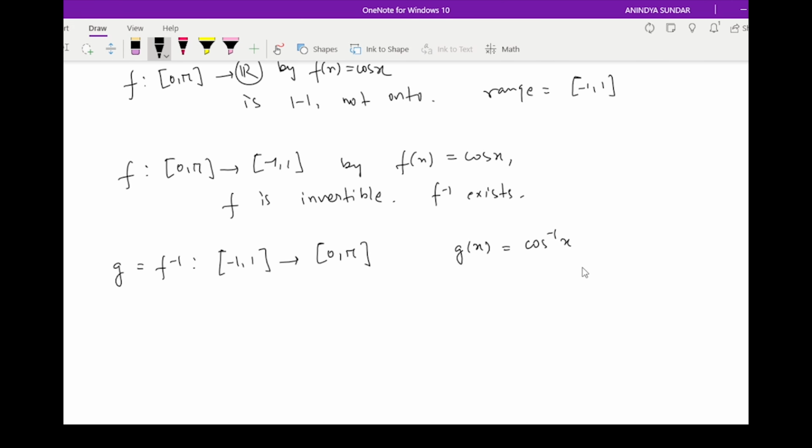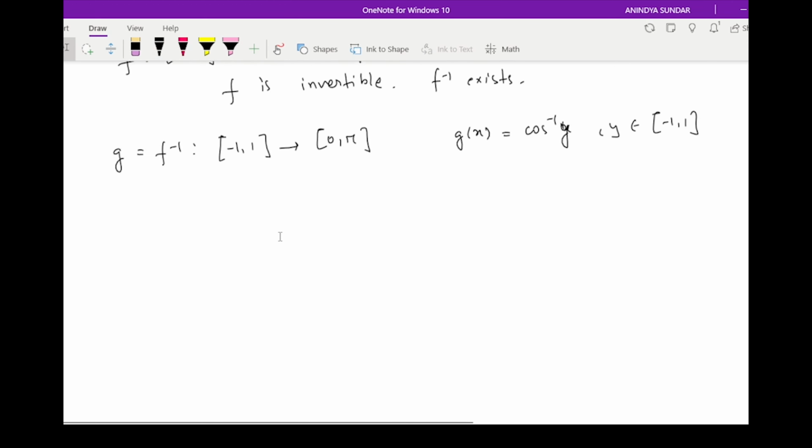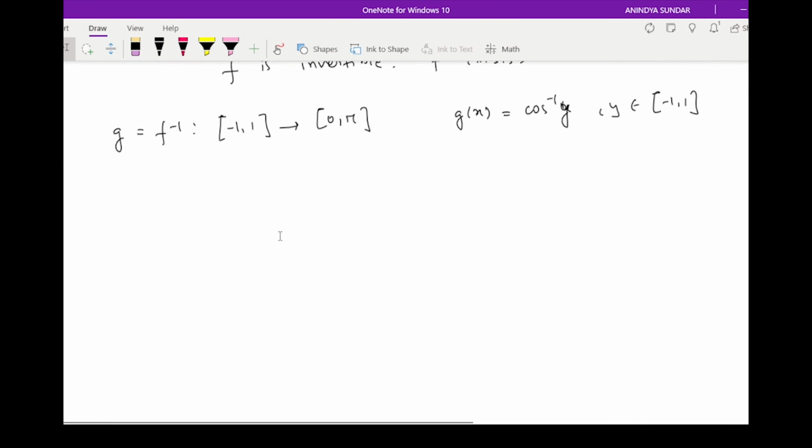Or if I change it, say cos inverse y, where y is taken from -1 to 1 and x is taken from 0 to pi. So this is my inverse function. Now how to plot this inverse function?